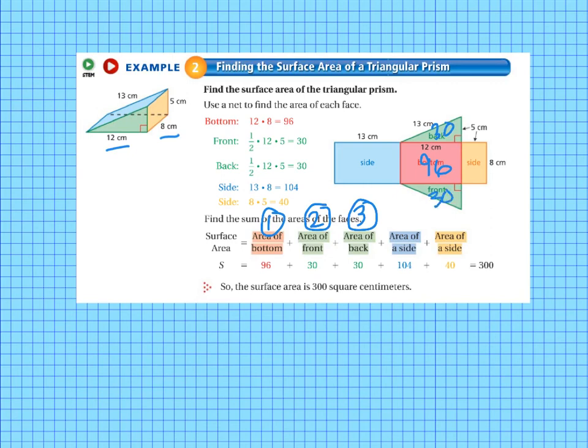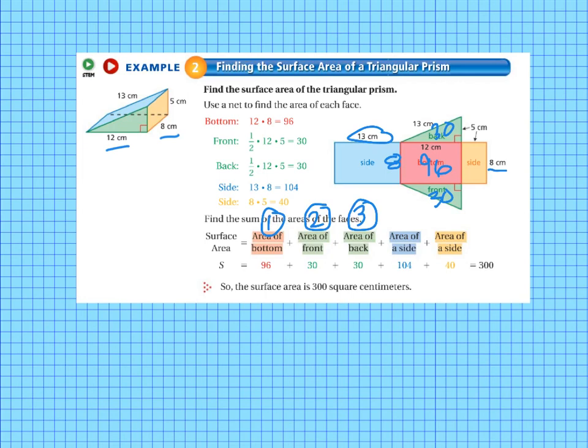And then we're going to choose a side to go next, and the authors of the book chose the blue side here, the larger side, and that is 13 centimeters long, and it is 8 centimeters wide. You can see that one side is 13, and then you can see the 8 way down here, and if that side is 8, then it also has to be 8 on this edge here.